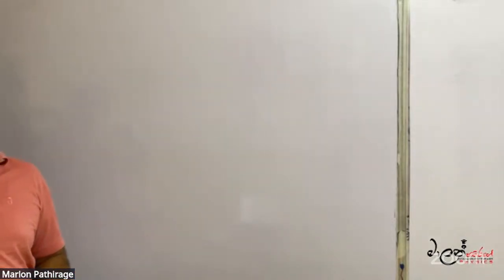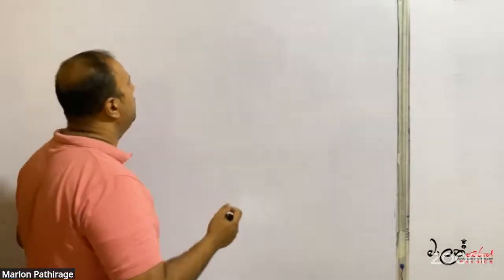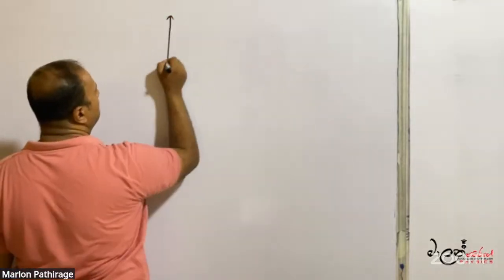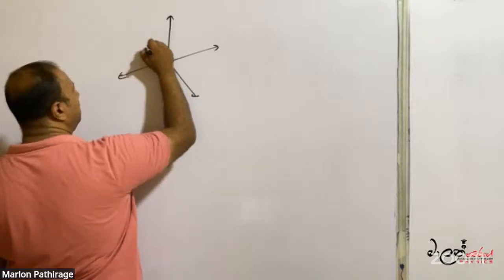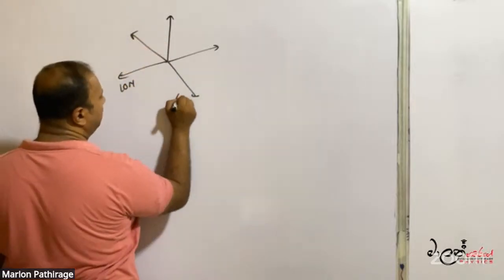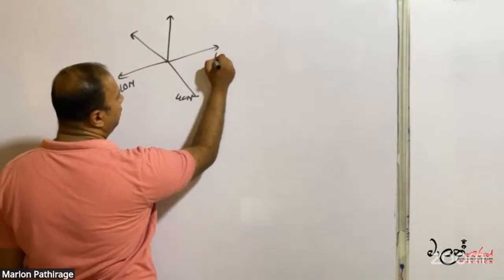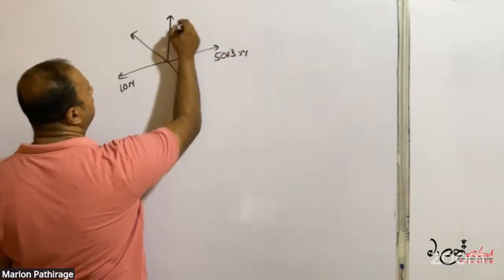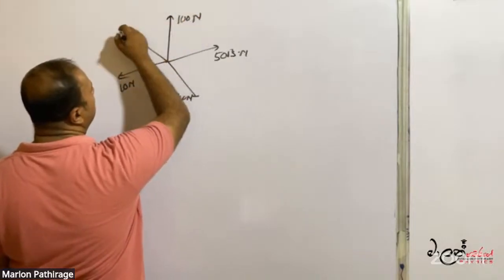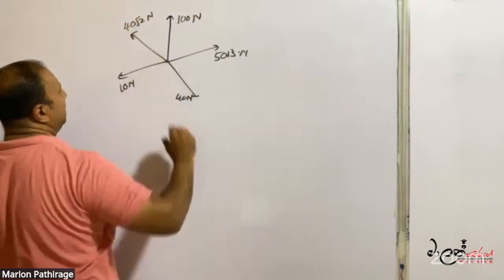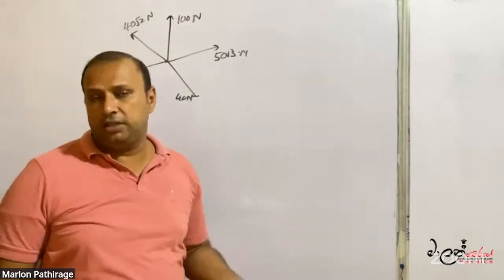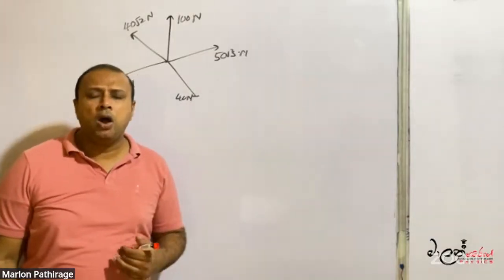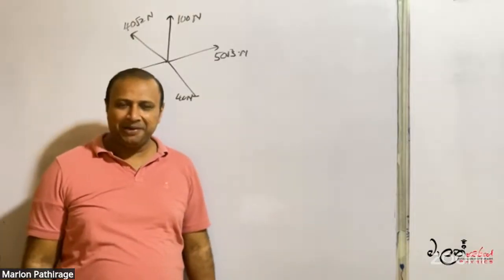Suppose you are given a vector system like this, in Newton: 14 Newton, 40 Newton, 53 Newton, 100 Newton, 42 Newton. If you are given a system of forces, a system of vectors, how do you take the resultant force?